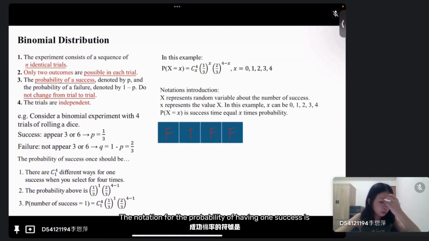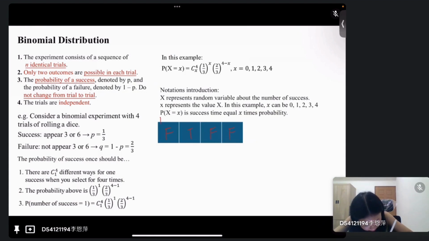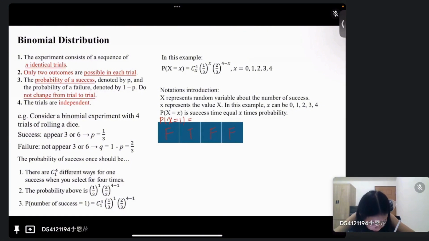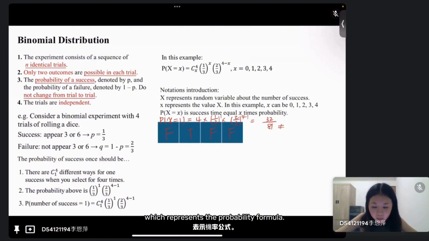The notation for the probability of having one success is shown here, and from our previous calculations, we can derive the expression which represents the probability formula.